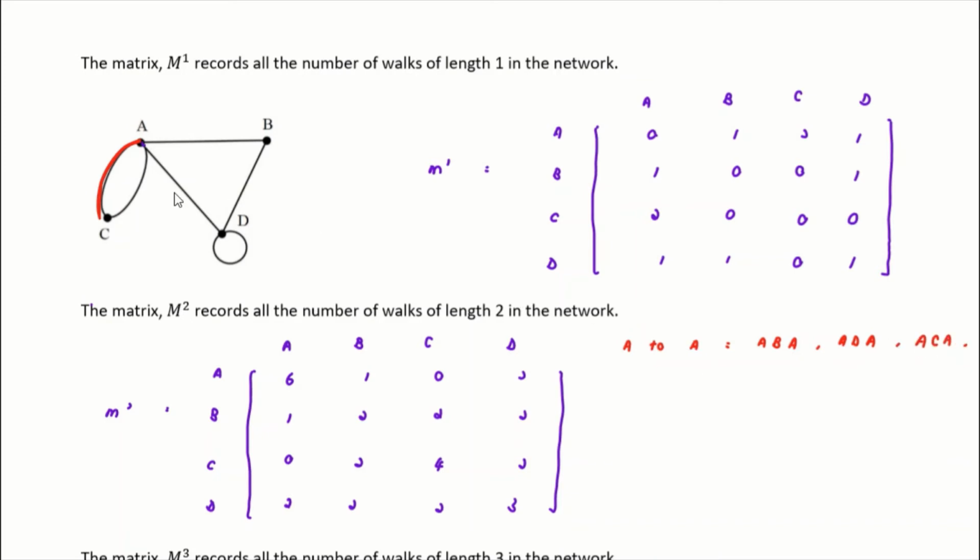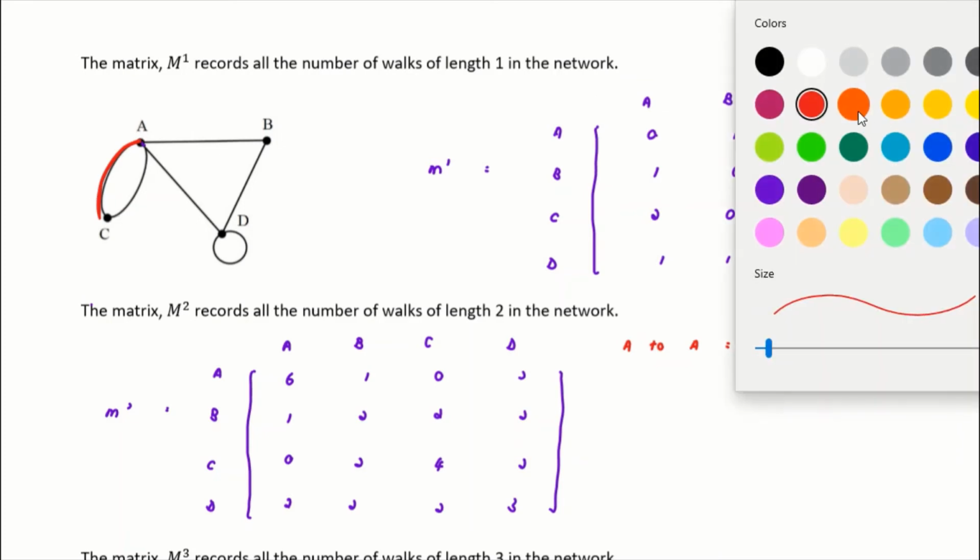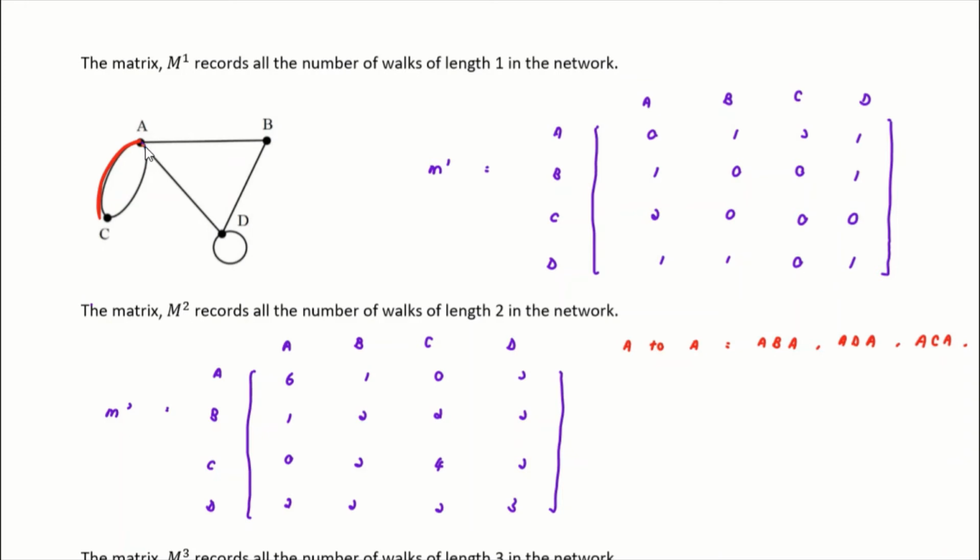Please follow one by one, because I'm going to use different colors here to indicate different things. Then the other one, A, C, then go back to A. I'm using a different route, right? So it's still a walk of length 2. So ACA. Another color again.